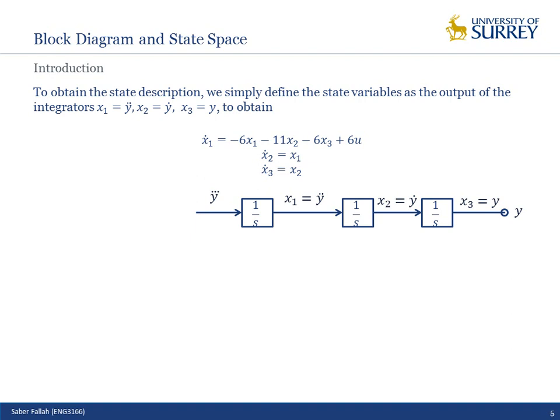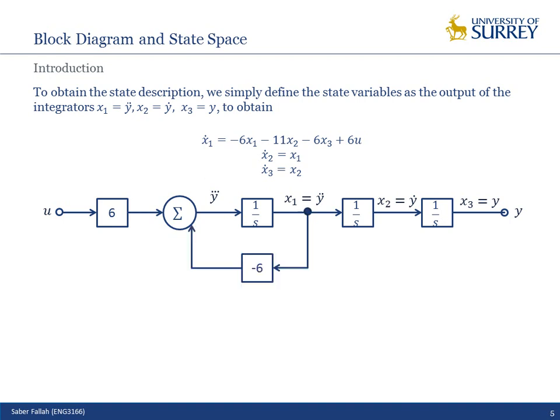So the first element of this differential equation, x dot 1 or y triple dot, is u. Look, u is the input, multiplied by 6, 6u plus something will give you y triple dot. To make the whole y triple dot, I need to build up these 3 elements as well. So I need to take feedback from each integrator. Is that clear to everyone? Yes. Okay.